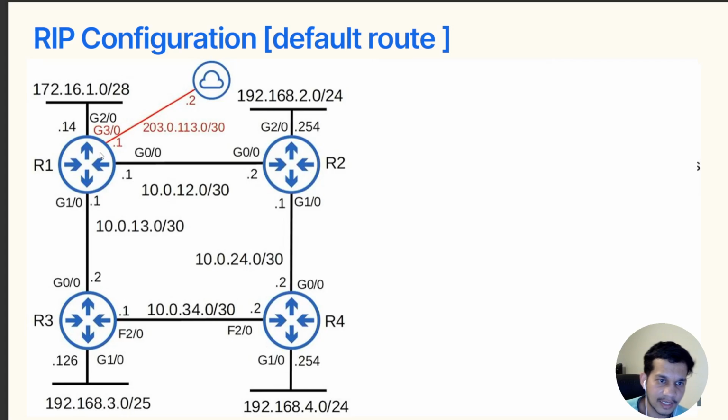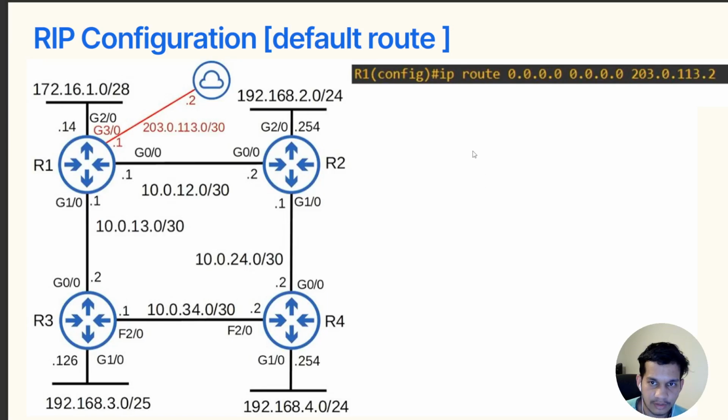So what if we connect a default route to the internet on G3/0 of router 1, on the network 203.0.113.0/30? This will be done by a static route.